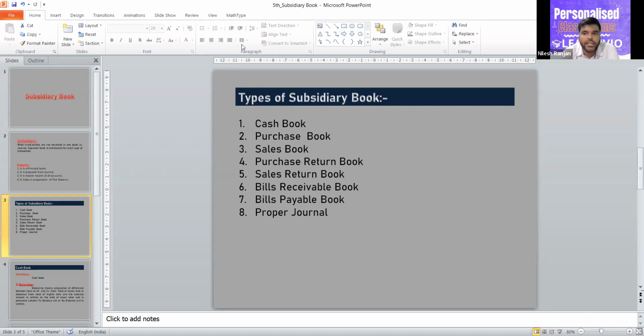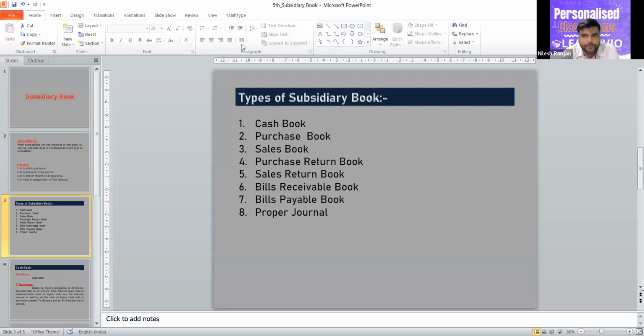If one entry is written in the purchase book, then it will not go anywhere in the other 7 books. It will be written in only one book from these 8.